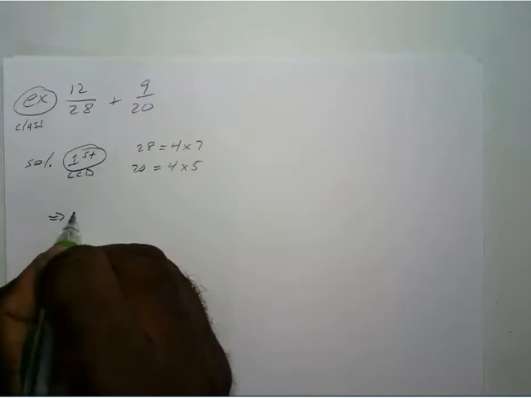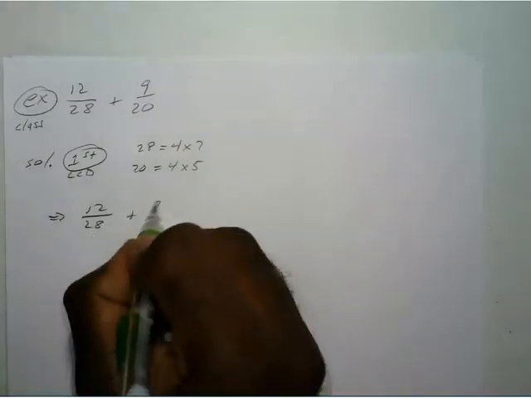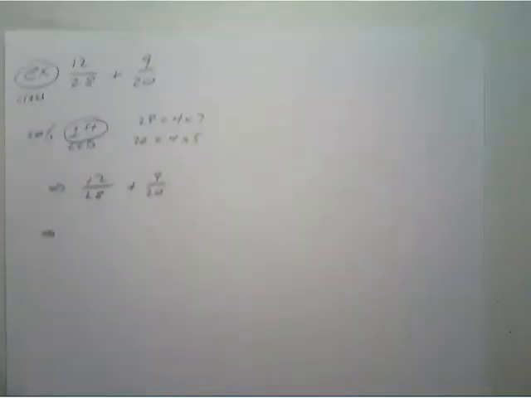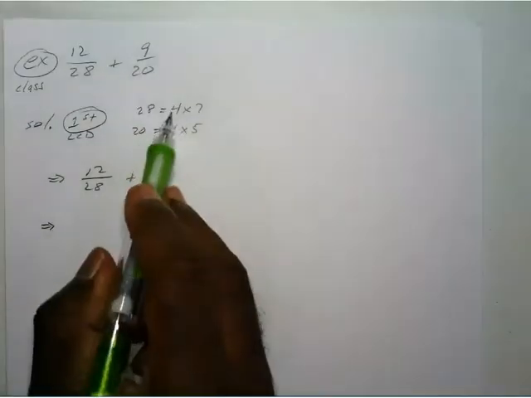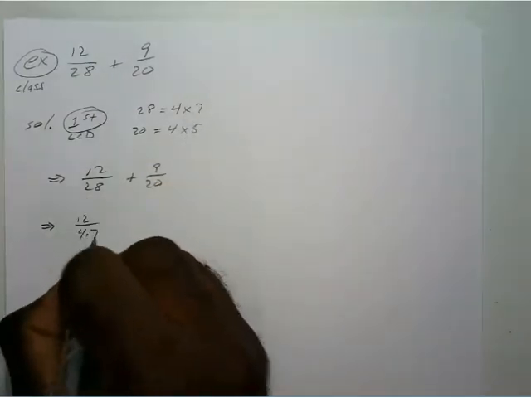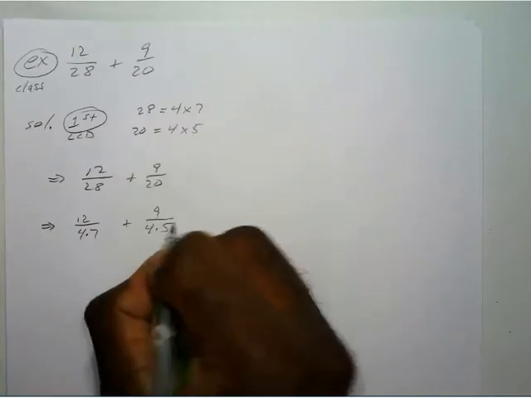All right, so we have 12 over 28 plus 9 over 20. That's going to be 12 over 4 times 7 plus 9 over 4 times 5.